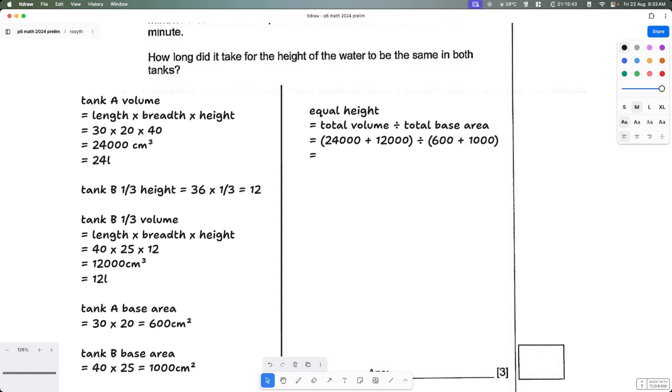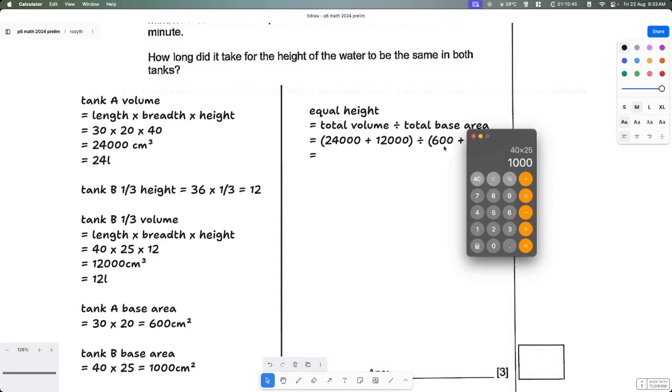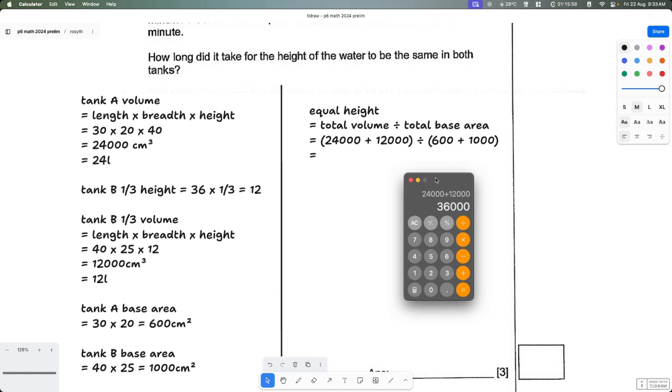Let's use the calculator: 24,000 plus 12,000, and then we divide by brackets 1600.